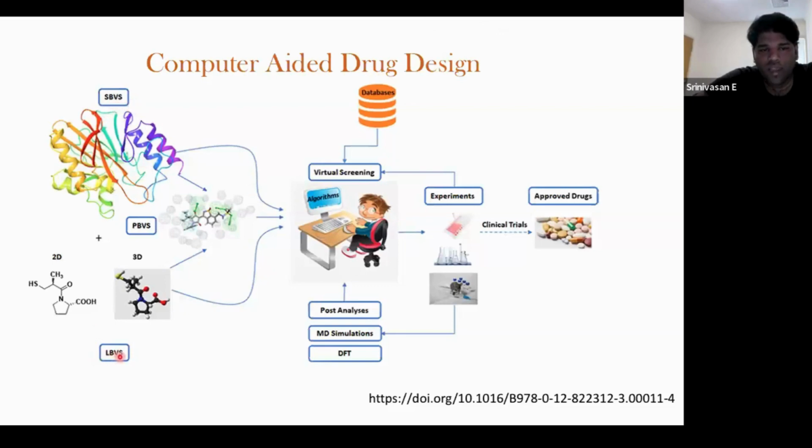Then there is ligand-based virtual screening, and pharmacophore-based virtual screening, where you take the protein ID from the structure and do the screening. Then you take the 2D structure or the SMILES data set of the small molecules and convert it into a three-dimensional structure. From there, you try to find the pharmacophore features. I'll explain what pharmacophore features are in the later slides.